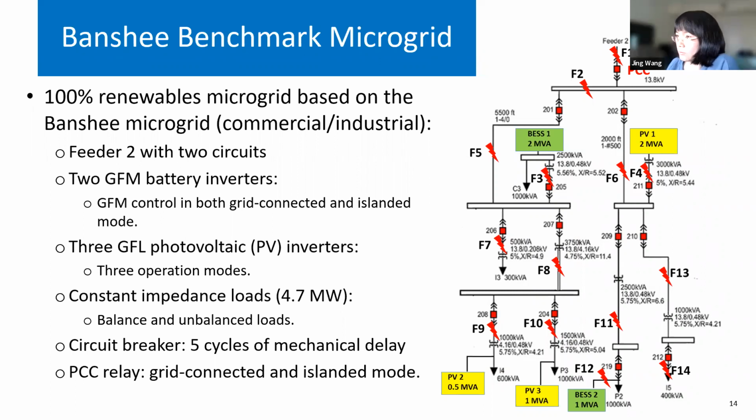For the relay and the circuit breaker, we simulate 5 cycles of mechanical delay to emulate the physical delay in the circuit breaker. And we have the PCC relay here. It can control the microgrid for grid connected and isolated mode. So this is a high-level description of the benchmark microgrid we used for the fault study and the protection design.